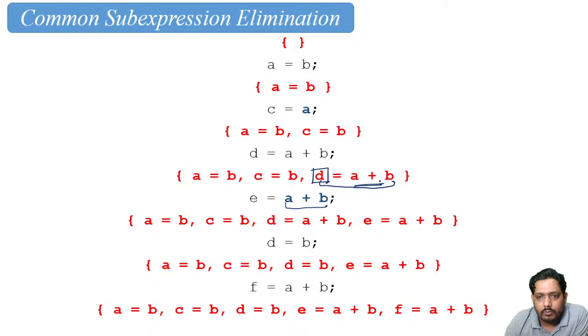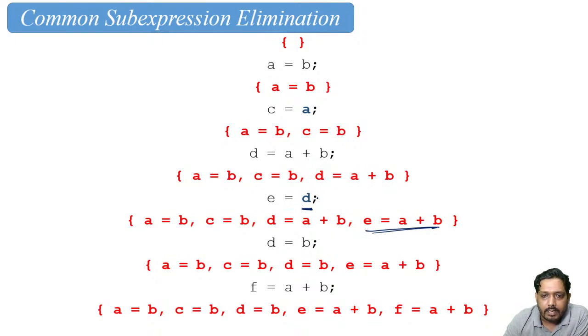But now d is equal to b is available over here, so for e is equal to a plus b, we can replace it by the value of d. D is equal to b. Two expressions are there; I can understand the confusion, but we'll go with the first expression available, and this b will become a. F is equal to a plus b. This is available, and we'll replace it by e. Okay, and done.